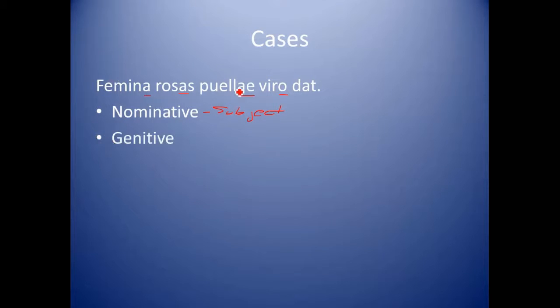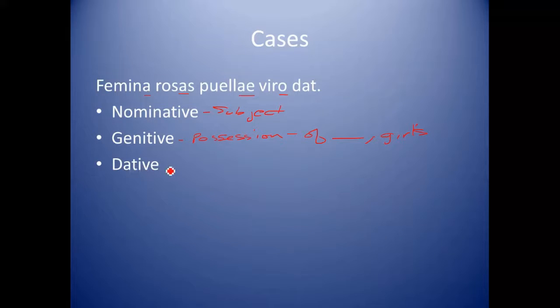The genitive, in this case puellae, represents possession. We can translate this usually as "of blank," where the blank is the noun. So the roses of the girl, or we might use our apostrophe, the girl's. So we've got the nominative, the genitive.